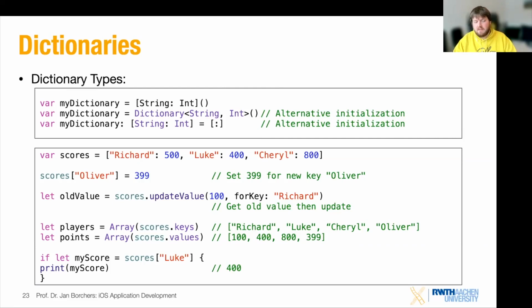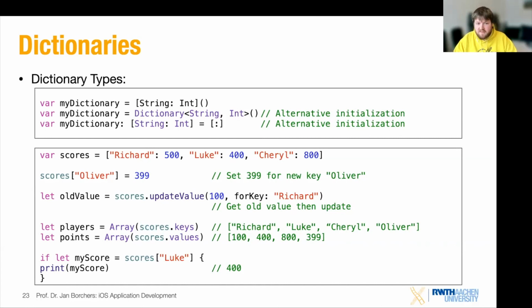And the next line, yes, combines already a couple of things. So first, on the right-hand side, we're calling the function update value. The first parameter that this function takes is the new value that we want to put in. And then we need to specify for which key we want to do that. So calling scores update value 100 for key Richard will adjust the value of our key Richard, setting that to 100.